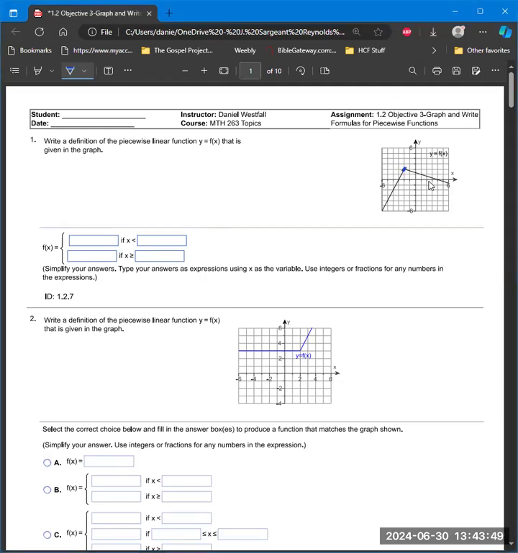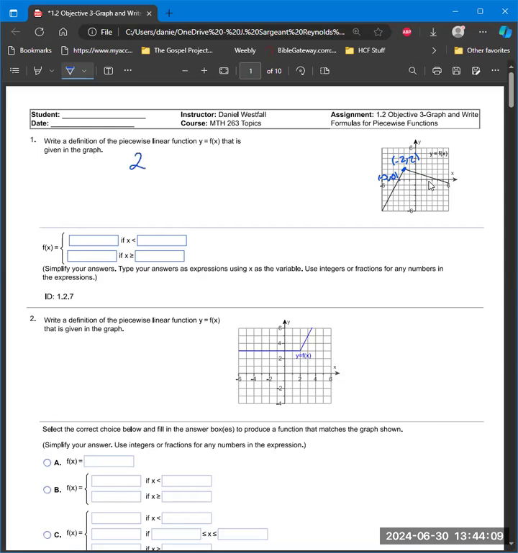So we can use that, -2, 2. And then it looks like we have -3, 0. So our slope looks like we're going right 1 up 2, which is a slope of 2.